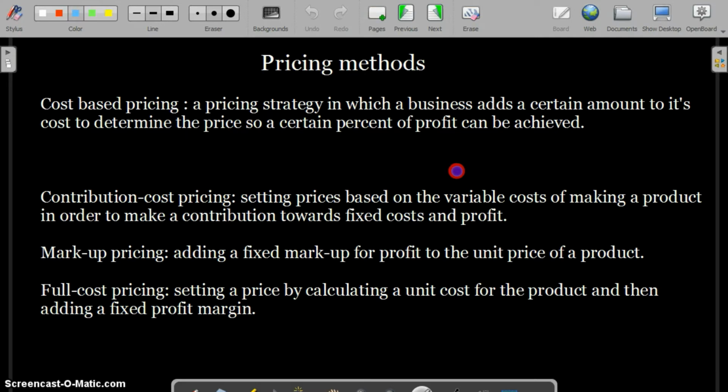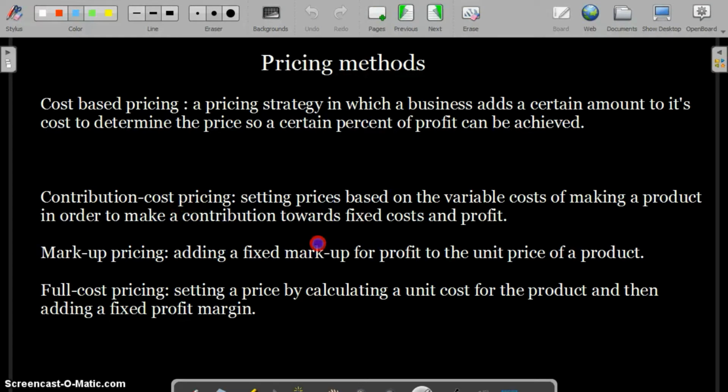So you want each Coke bottle to contribute $1 towards covering the fixed cost, like the rents and all that. Your variable cost is $2, so you add $1, that makes it $3. That is your selling price: the variable cost plus the contribution you want. That's the contribution cost pricing.